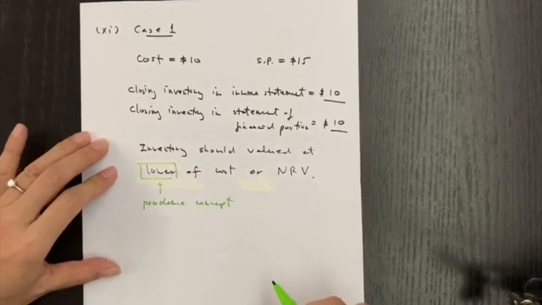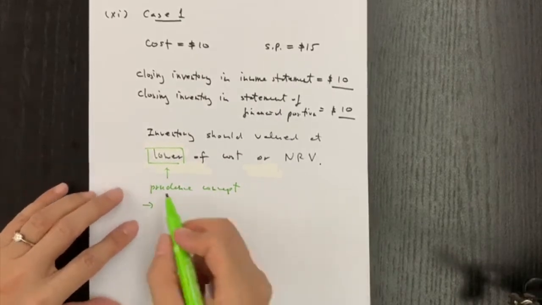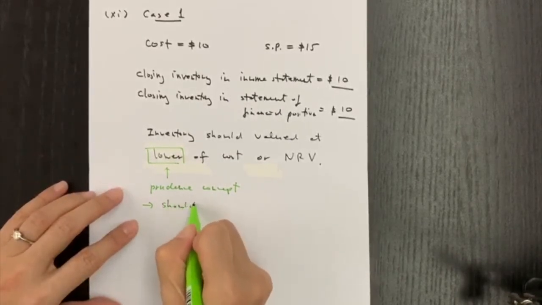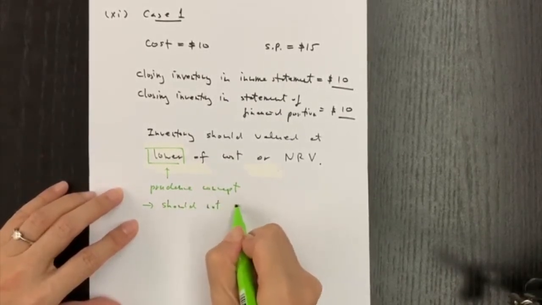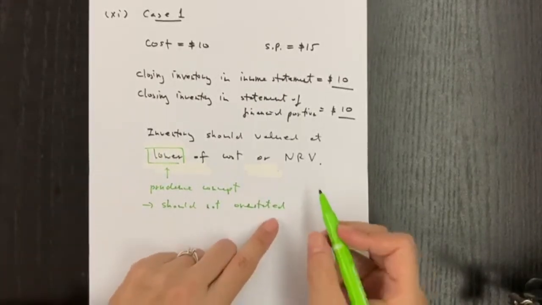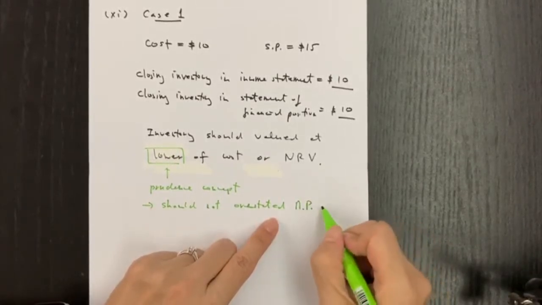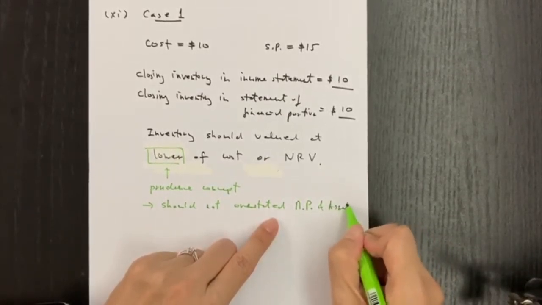Okay, and the prudence concept says that we should not overstate the good things, such as the value of net profits, right? And the value of assets.